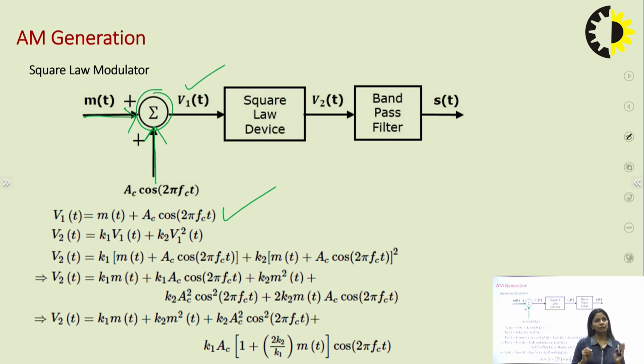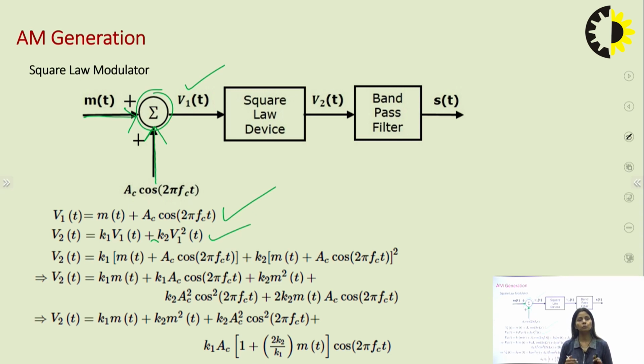Now I am inputting this V1(t) into the square law device. Now how does my square law device work? Whatever input we give to the square law device, it produces the output in this way. V1(t) is multiplied with K1 and V1 square(t) is multiplied with some constant K2, and then it adds.